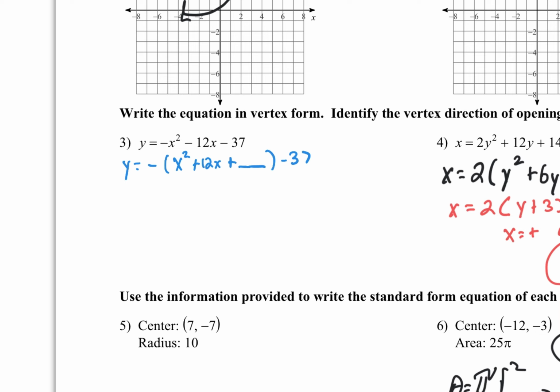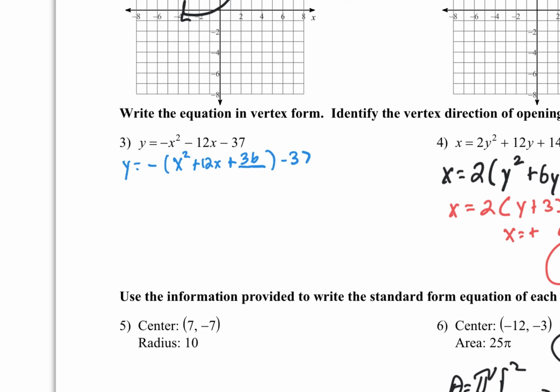But remember, when you complete the square, it's half of your b value. Our b value is 12, so half of 12 is 6. 6 squared is 36. Now, you have to be a little bit careful with this because of 2 things. One, we're on the same side of the equation. And 2, we've got that negative that needs to be distributed in there.